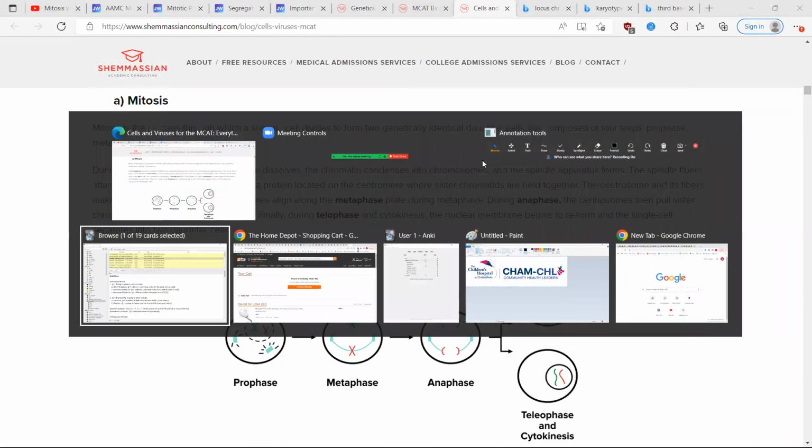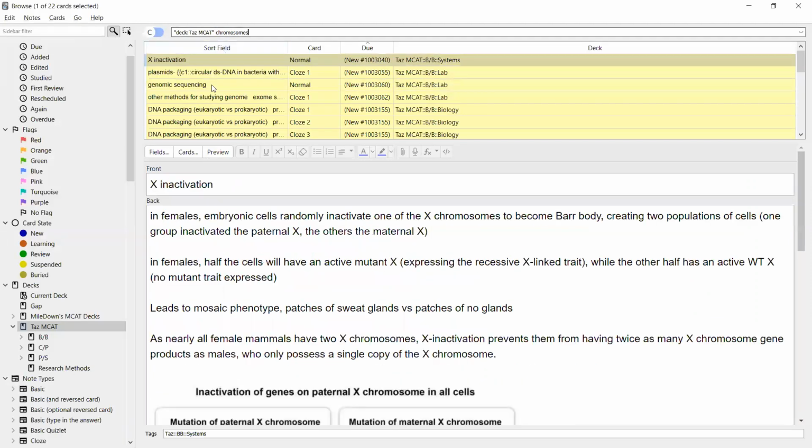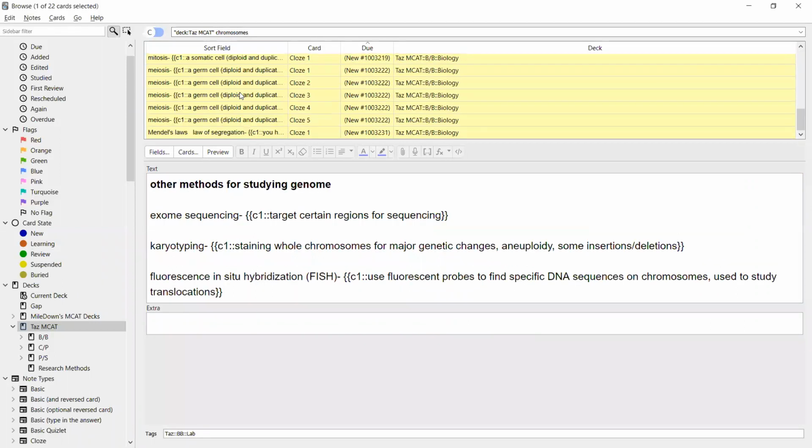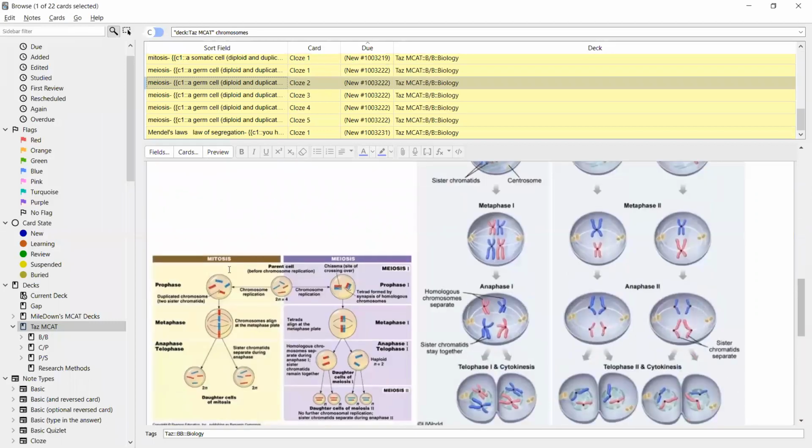Okay, let me just see if there's anything else I want to talk about with chromosomes. I think we're just going to get right into mitosis and meiosis then.